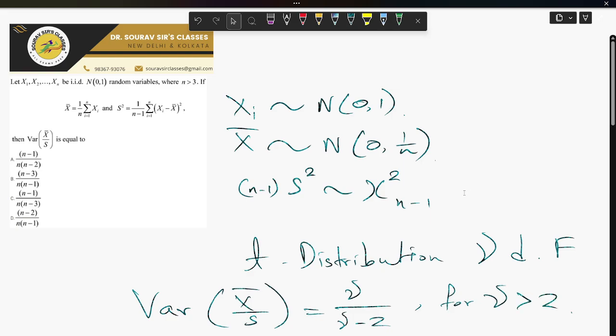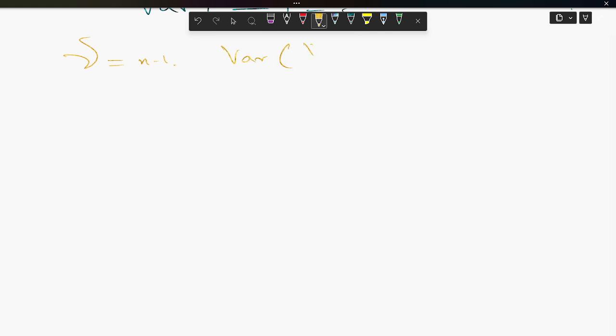Here my degrees of freedom is n minus 1, so nu is equal to n minus 1. So the variance of X bar by S will be n minus 1 by n minus 3, for n greater than 3.